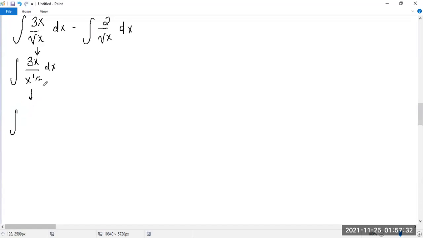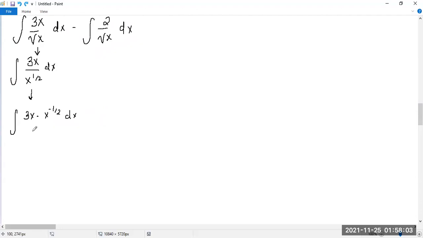And this, we can take to the top, but we would have to make it negative, so x to the negative 1/2. I actually haven't taken the integral yet. I'm not using any integral rules, I'm just re-expressing this function so I'm in a better position to use the integral rules. Actually, let me solve this piece first, and then we'll look at the other piece.